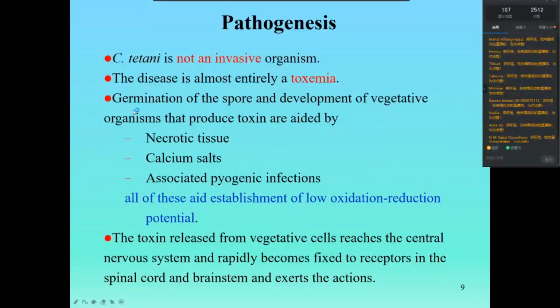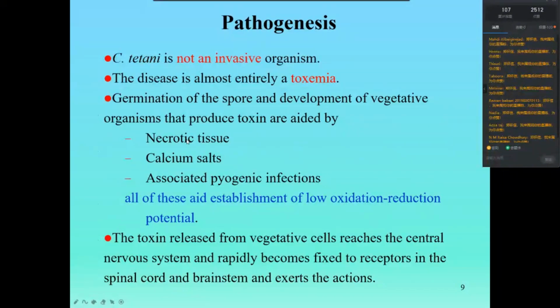And also the germination of the spore and development of vegetative organisms that produce toxin are aided by other factors, including necrotic tissue, calcium salts, and also associated pathogenic infections.